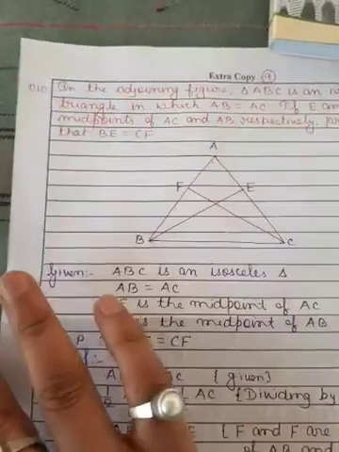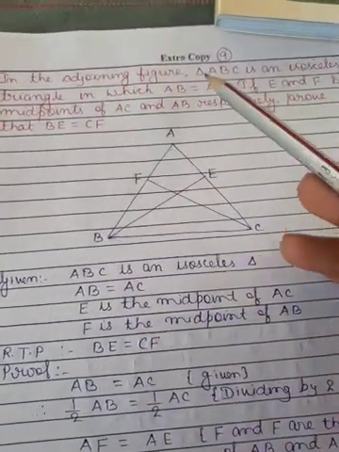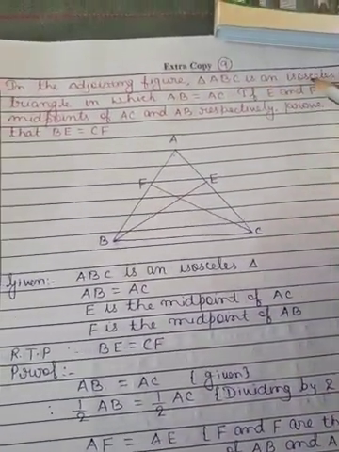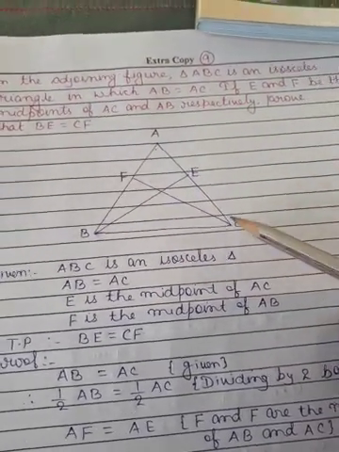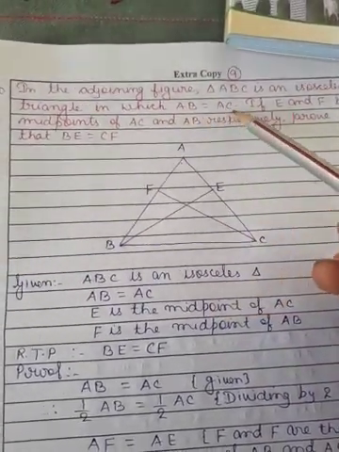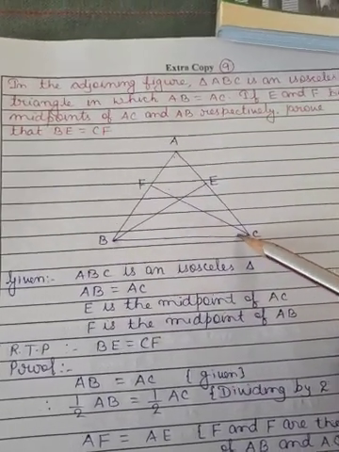Now question number 10. In the adjoining figure, this is our figure. Triangle ABC is an isosceles triangle in which AB equal to AC. It is given in the question.